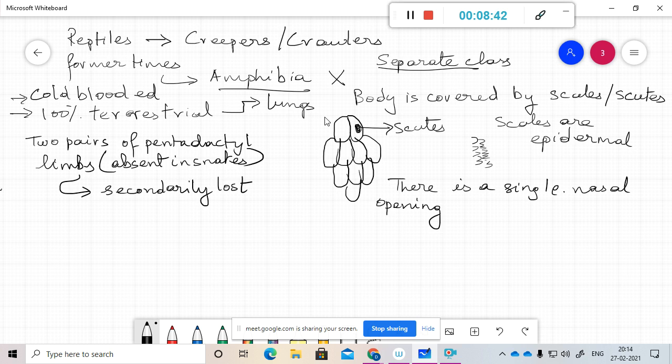One important thing in their circulatory system is the heart is three-chambered.